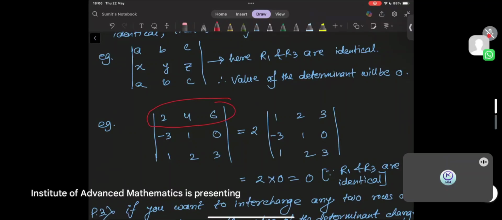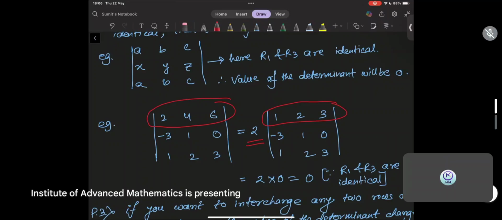The basic property we have discussed is that we can take a common factor from any row or column. So if I take common 2, row 1 will be 1 2 3.